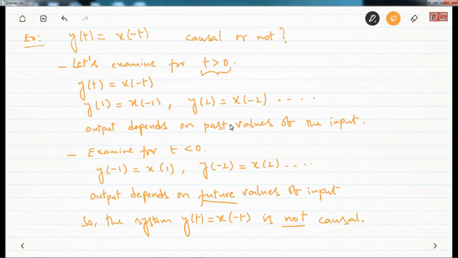If at any given time it is not behaving as a causal system, you should not call it a causal system. Only if at all times the output does not depend on future values of the input is such a system called a causal system, right? So this is one interesting example.